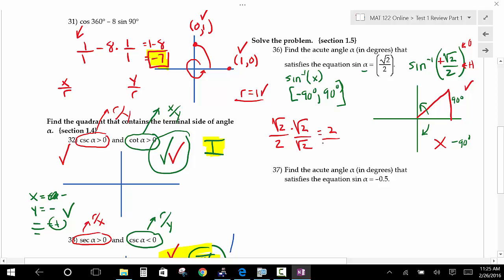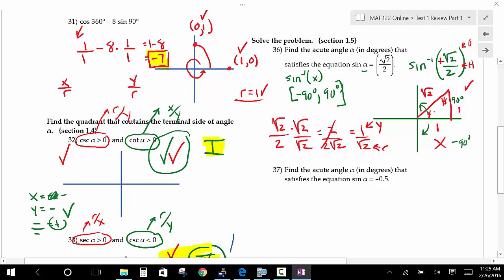That's going to be 2 over 2 root 2, so that's going to be 1 over root 2. So the sine by definition is y over r, which means r is square root of 2, y is 1, and that would force x to be 1. So it would be the 45-45 right triangle.